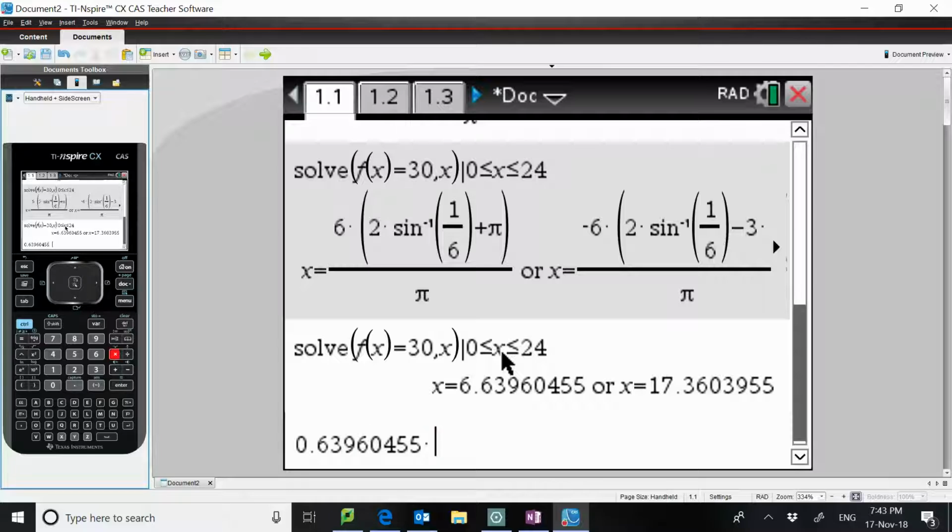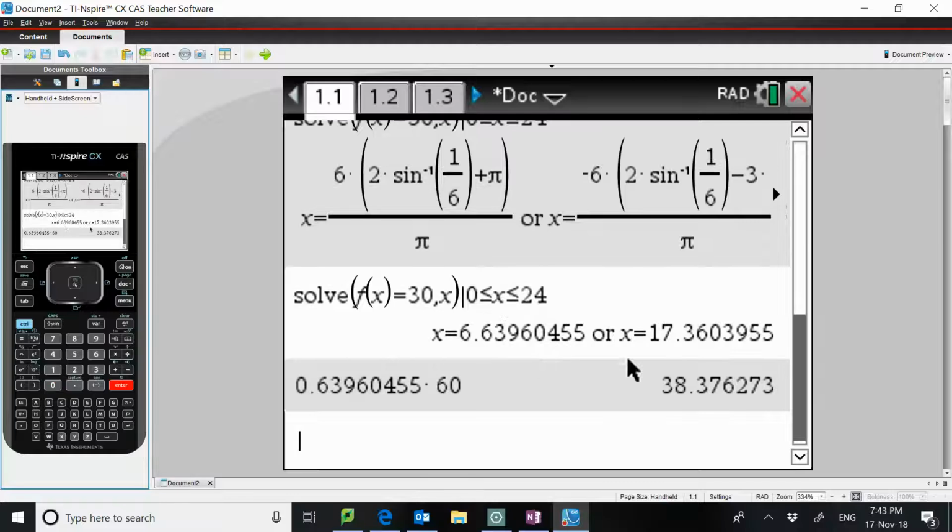Now you times it by 60. Minutes times 60. Ooh, sorry, is it times 60? No, this is in hours. So if it's 0.5 hours, times it by 60 to change it to minutes. And that tells you it's 38 minutes. So the closest minute is 6 hours and 38 minutes, technically the answer.